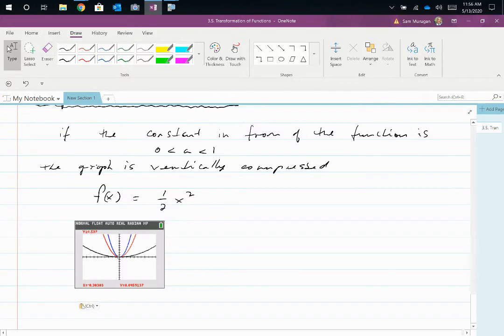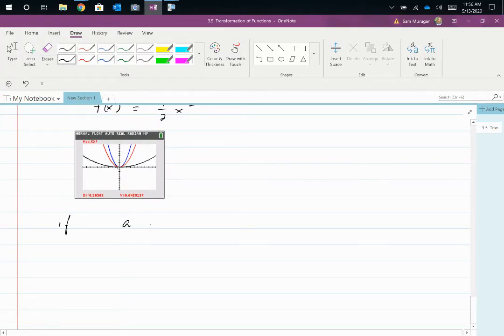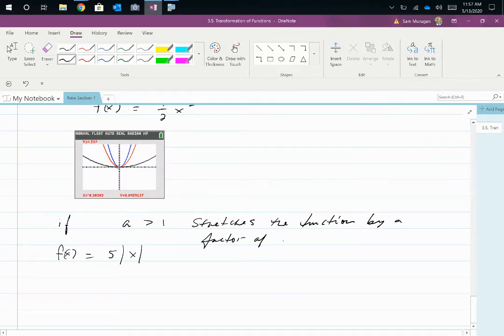Now, if a is greater than 1, such as say f of x is equal to 5 absolute value x, it stretches the function, okay, stretches the function by a factor of 5.